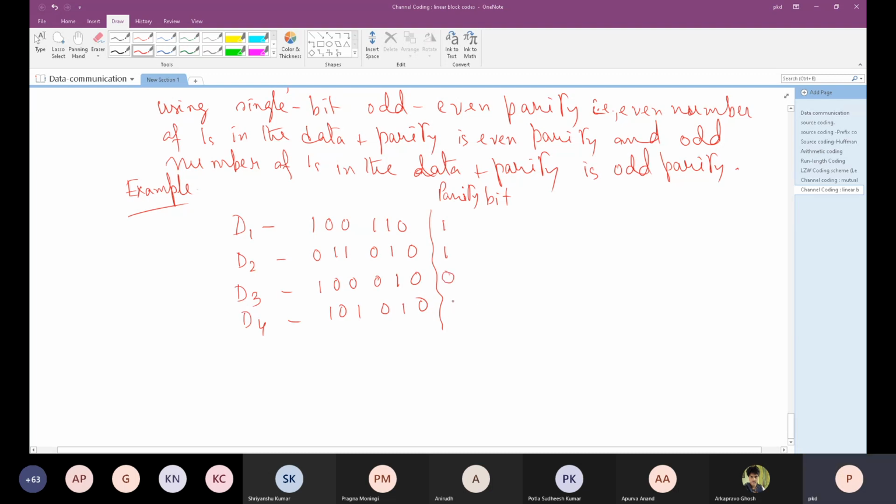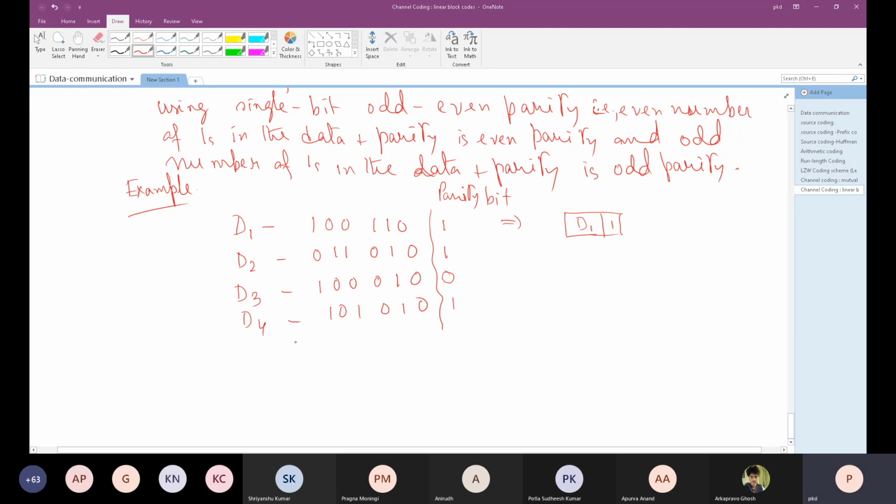Again, this is even parity. So this is the parity bit, and then while transmitting, D1 and 1 will be transmitted together. So data bits followed by the parity bit. For ASCII code, of course, I have given 6 bits, but ASCII codes are 7 bits.